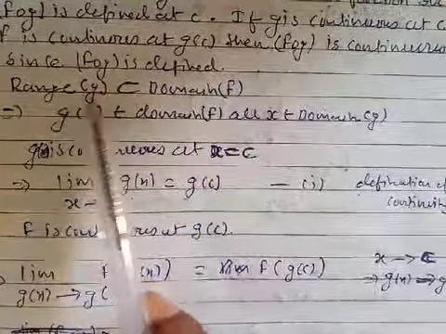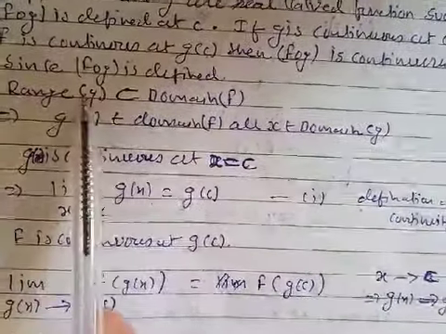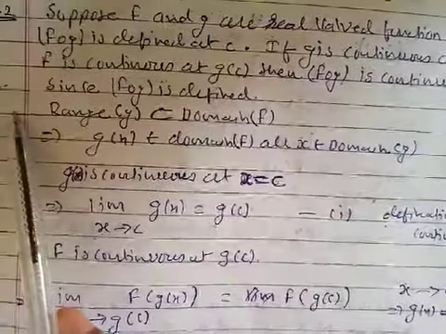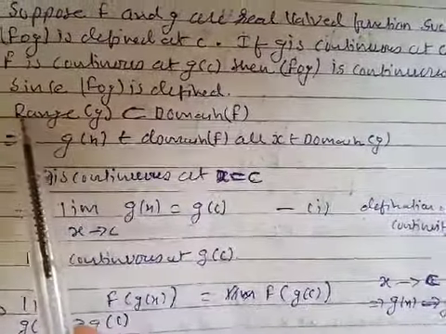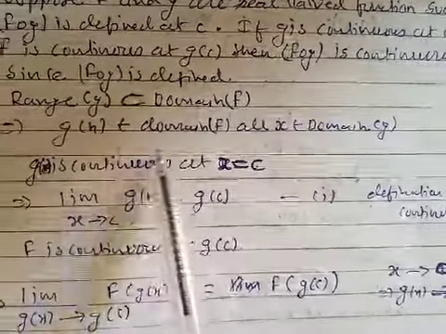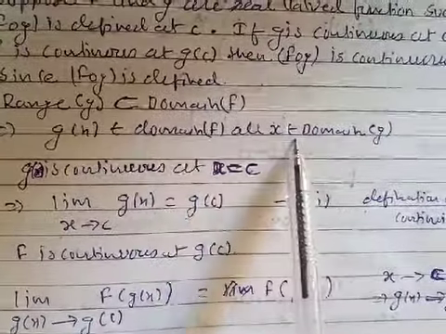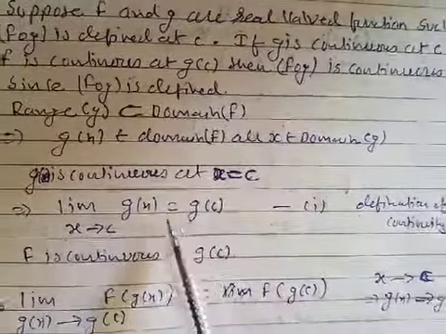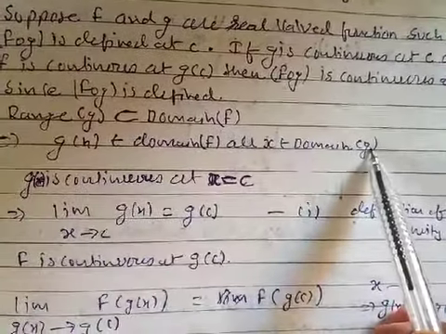For all x, the range of g, how did you get it? The range you got from the domain of g. So for all x belonging to the domain of g, it comes in the range. So in short, g of x belongs to the domain of f for all x belonging to the domain of g.